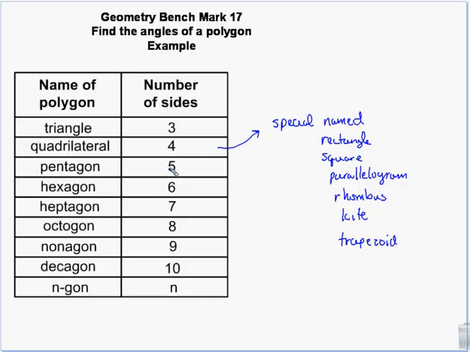Pentagon, 5 sides, hexagon, 6, heptagon, 7, octagon, 8, nonagon, 9, decagon, 10, hendecagon is 11, and dodecagon is 12. And then n-gon.